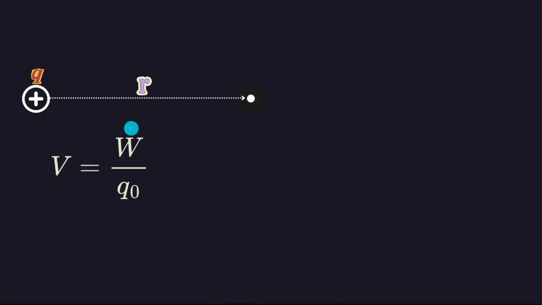So this formula V is equal to W by Q naught can also be written as V is equal to KQ divided by R, where K is that 1 by 4 pi epsilon naught value, and Q is the charge, this charge.